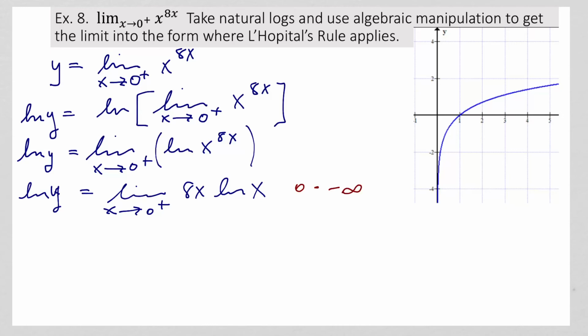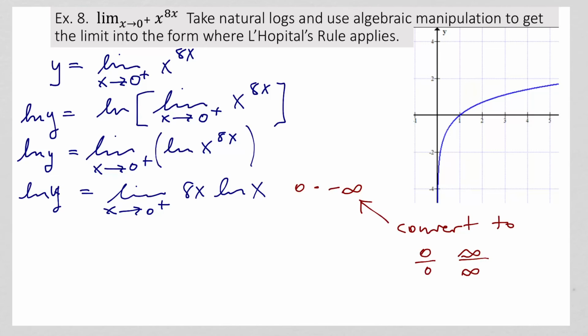All right, so this is one of my indeterminate forms according to the first table I showed you, but we need to convert it to one of these forms in order to use L'Hopital's rule, and we can do that.